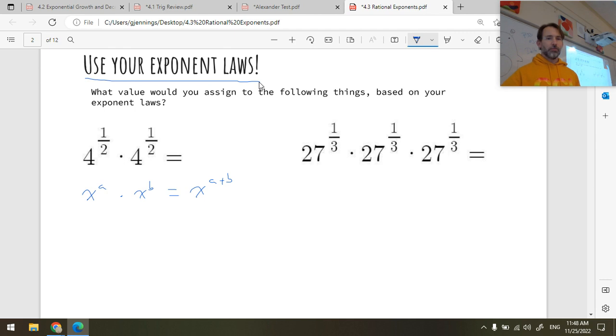So when we do that, what do we have on this side of the equation here? Just 4, yeah. 4 raised to the power, I'm going to write it out for everyone's amusement, 1 half plus 1 half.